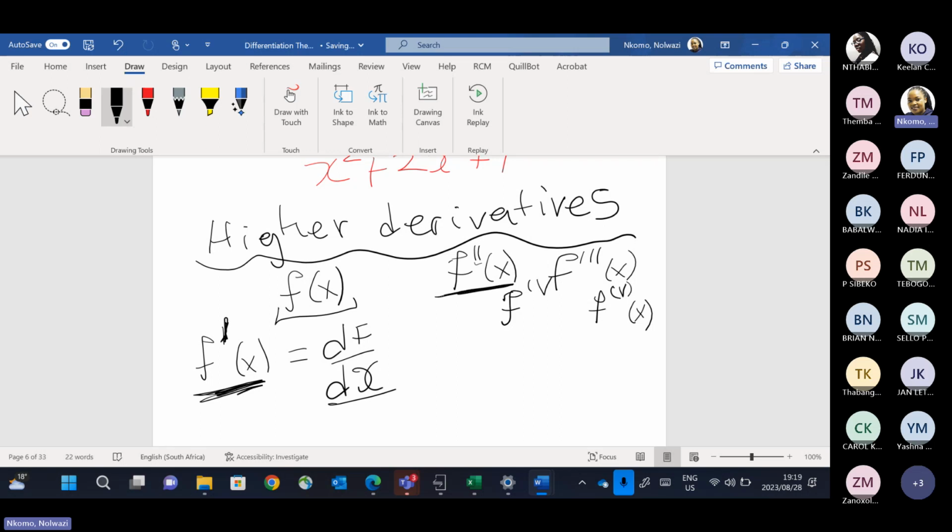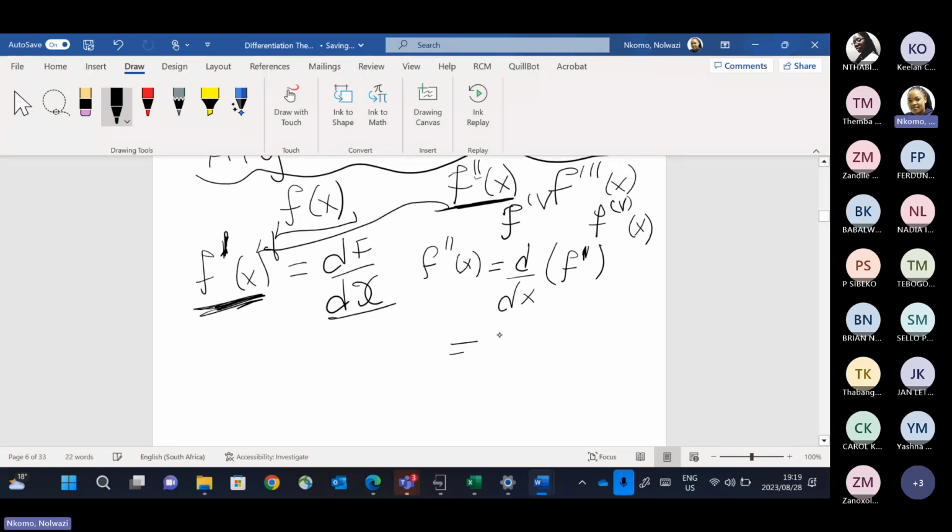The second order derivative will be the derivative of the first order. Meaning we can write f double prime at x as d over dx of f prime at x, right? Or you can write this as d over dx of df over dx, since this is the first derivative. This still means the second order derivative.